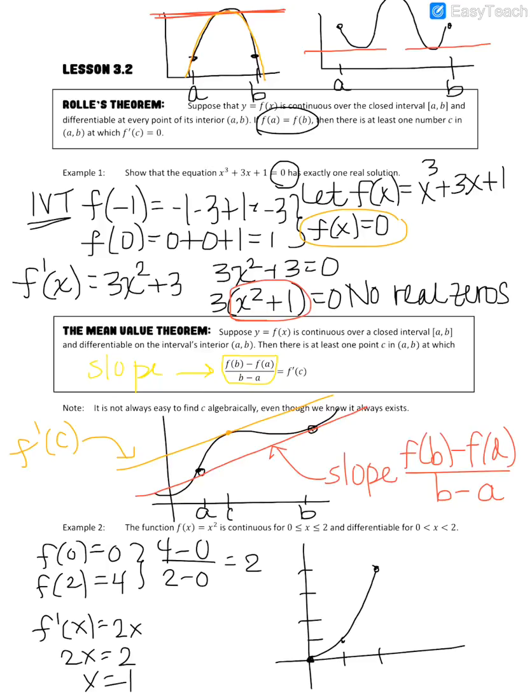The slope between 0 and 2 is 2 here. And then at this point, 1, this tangent is also 2, the slope of the tangent. Okay, let's look at the next page.